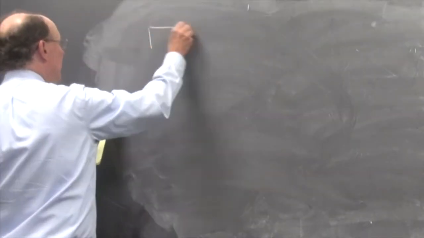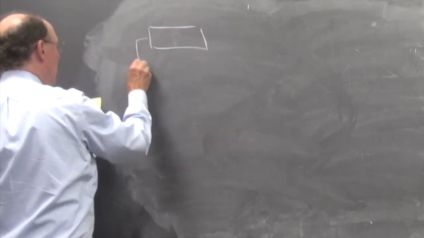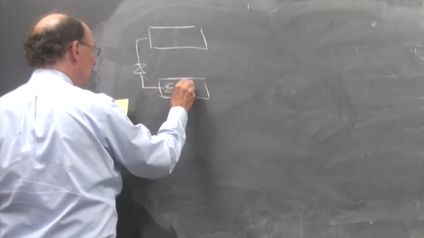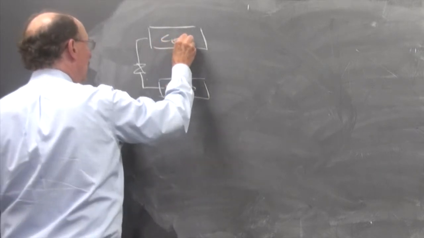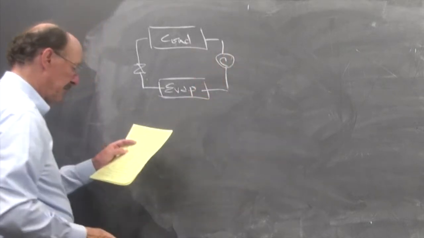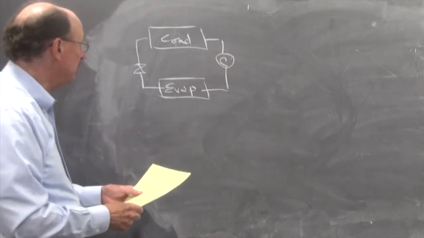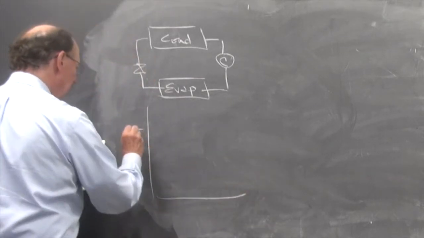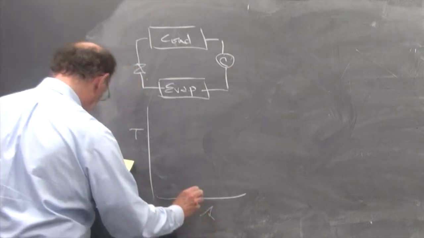So we have the condenser, evaporator, and the compressor. We're just going to deal with an ideal system at this point, and we'll draw a TS diagram and see how this plays out.